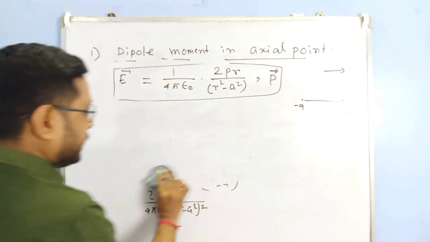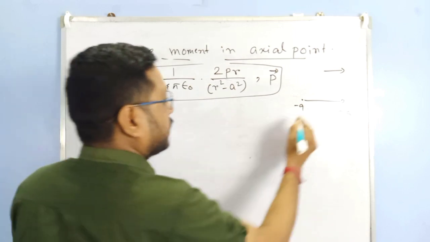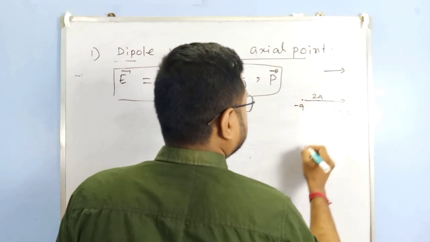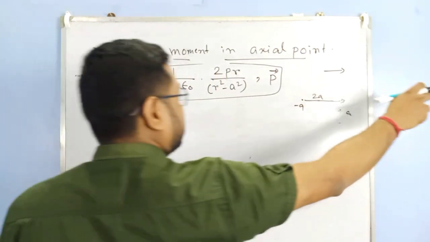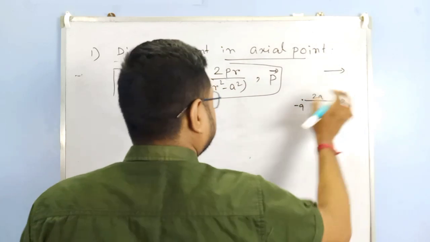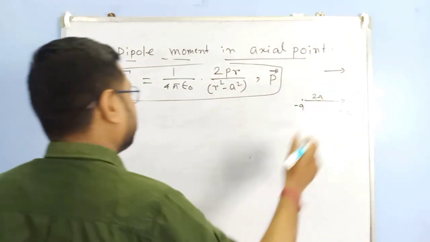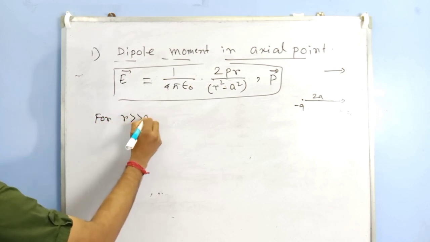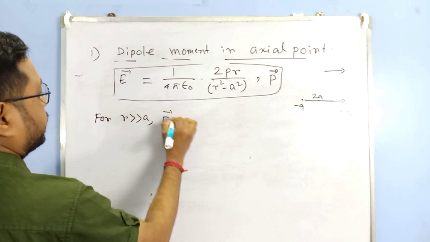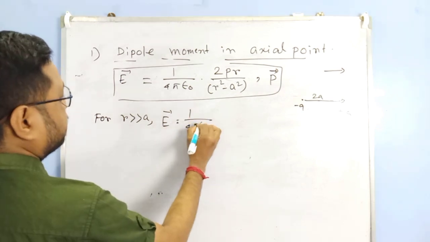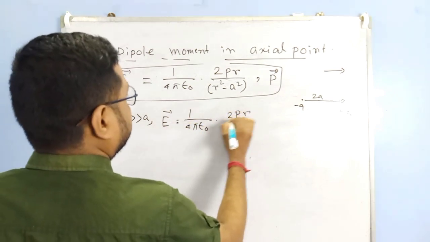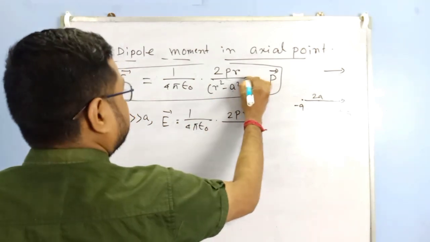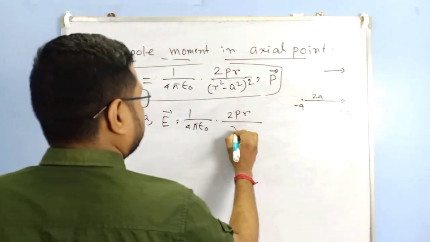Now, if the distance between the charges of the dipole, that is 2a, is much less than r, that is, the point P is situated far away from the dipole, then for r much greater than a, E equals 1 by 4 pi epsilon naught 2pr divided by r to the power 4, as a is negligible compared to r.